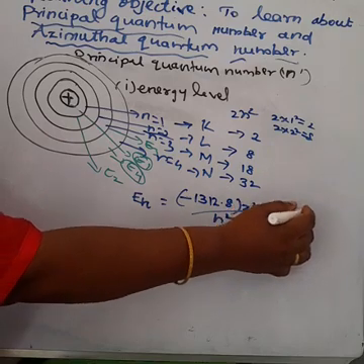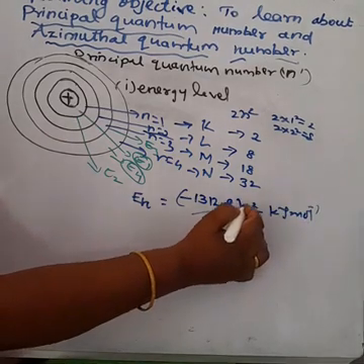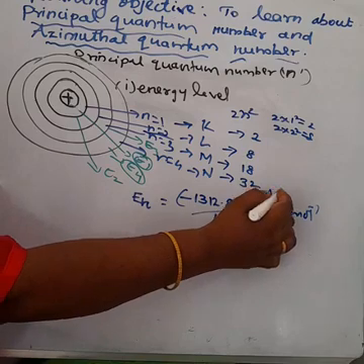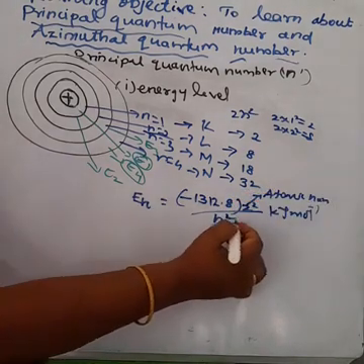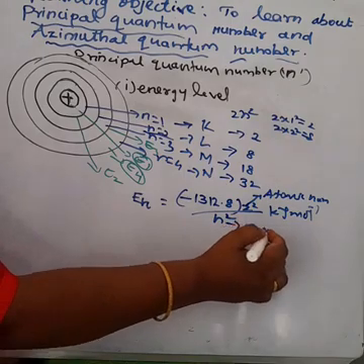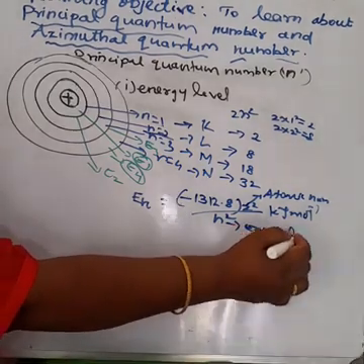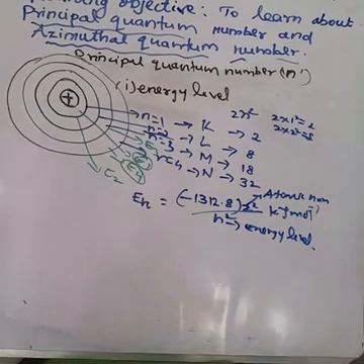Here z means atomic number and n means the various energy levels: n is equal to 1, 2, 3, maybe 4. This is the formula to calculate the energy of the electrons.